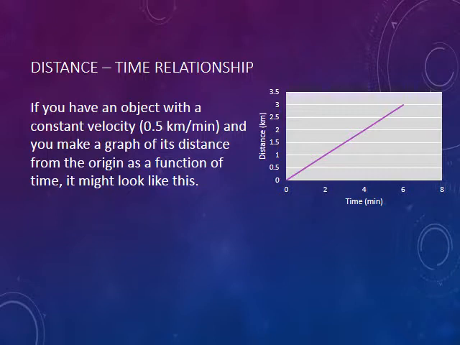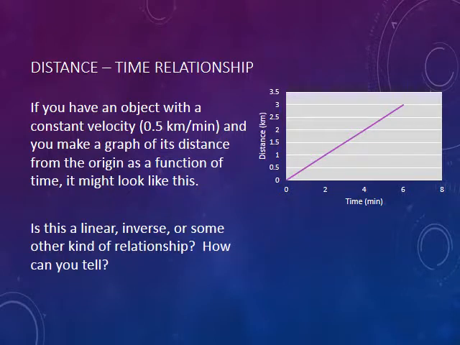And if we have an object that we graph its distance from the origin as a function of time, it might look like this. You've seen this line before. What can you say about this line? Is this a linear, inverse, or some other kind of relationship line? How can you tell?